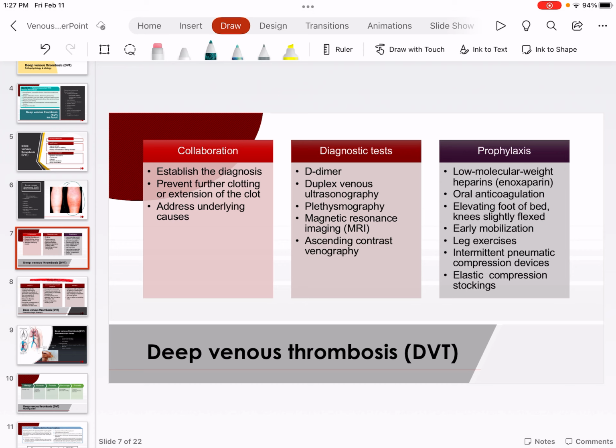For a DVT, you're going to see most commonly a duplex venous ultrasound of the affected extremity to see if a blood clot is there. These other 3 tests listed there are more specific exams that would be significantly more costly.